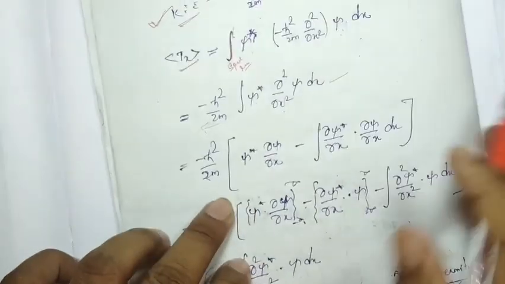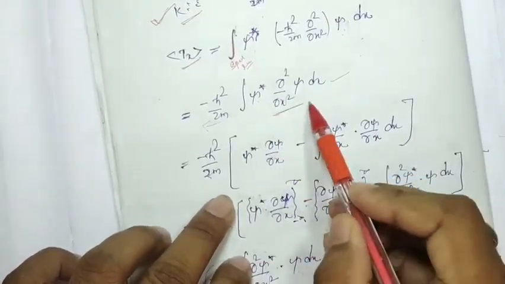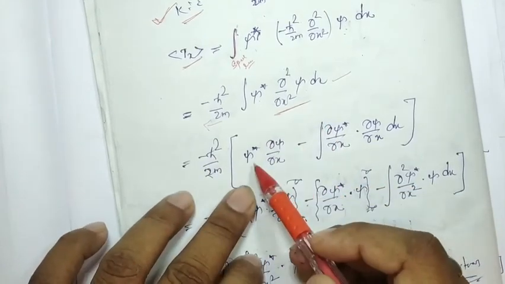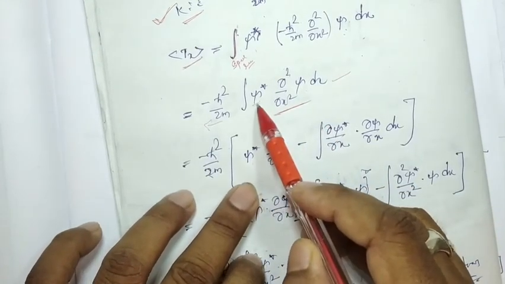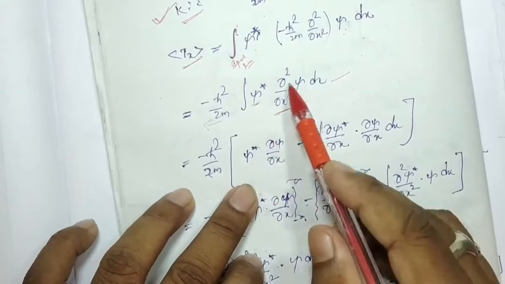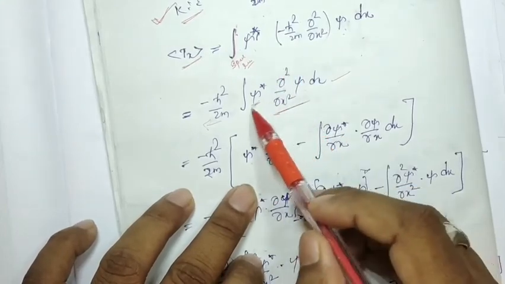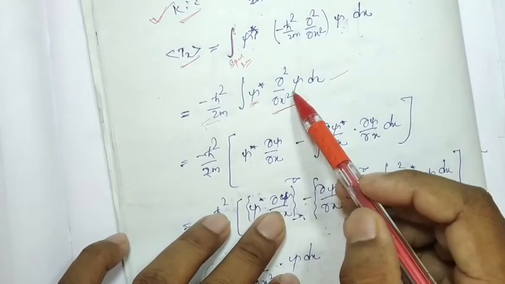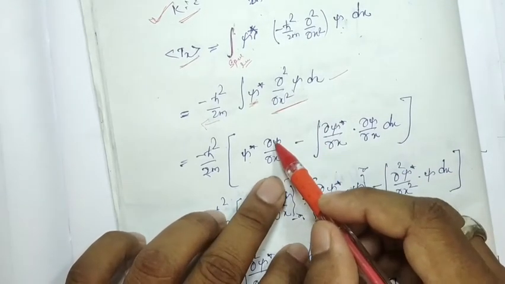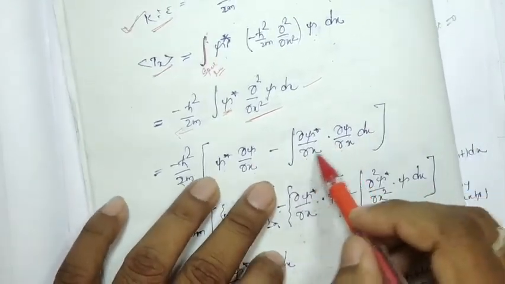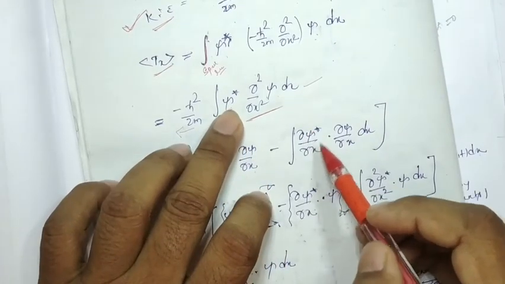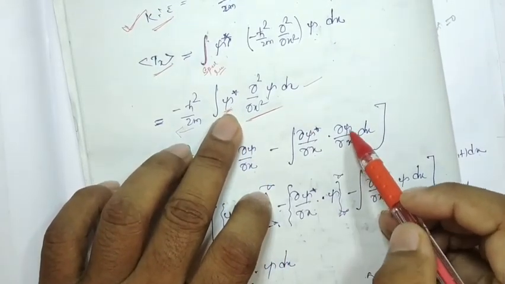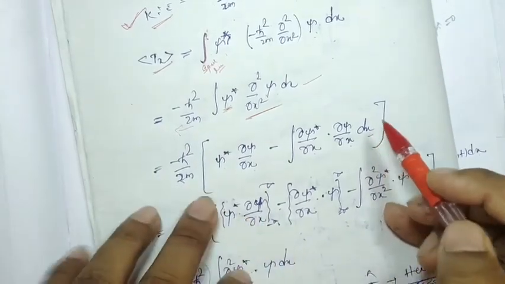Now you have to apply integration by parts over here. Then it will be psi star, which is the first function, times the integral of the second function, del psi by del x, minus the integral of the derivative of del psi star by del x into del psi by del x dx.